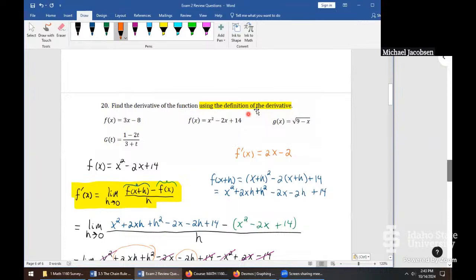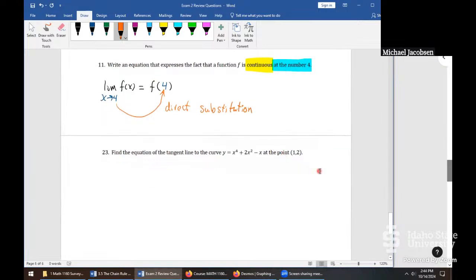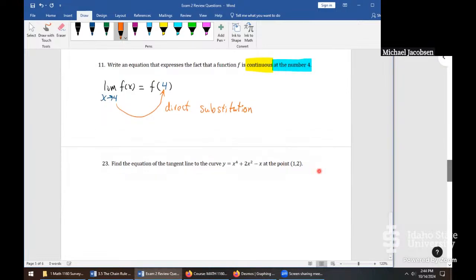So now the current one, taking a look at problem number 23, nowhere does it say use the definition of the derivative. And so we go back to our differentiation formulas on this one.